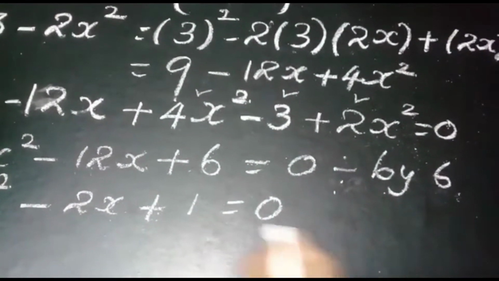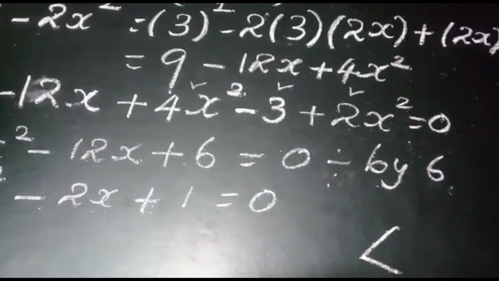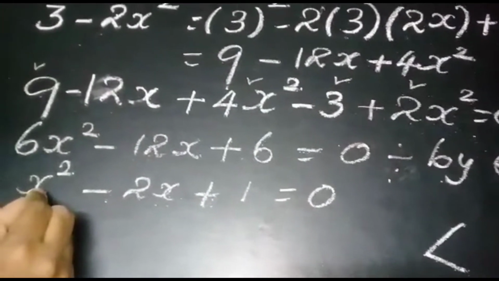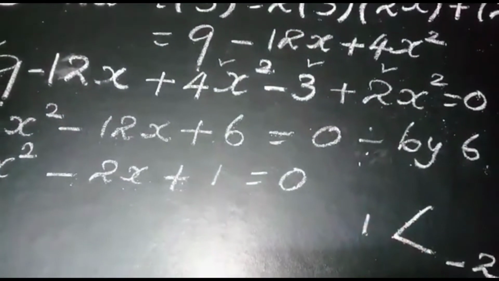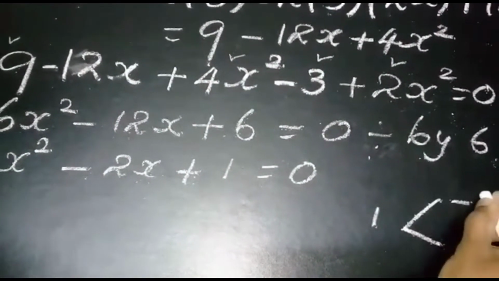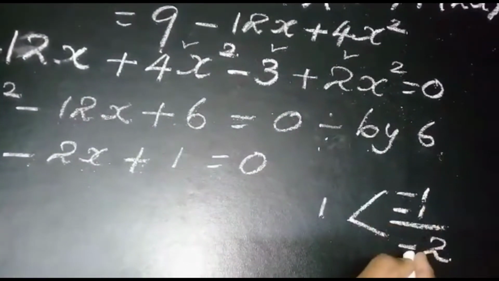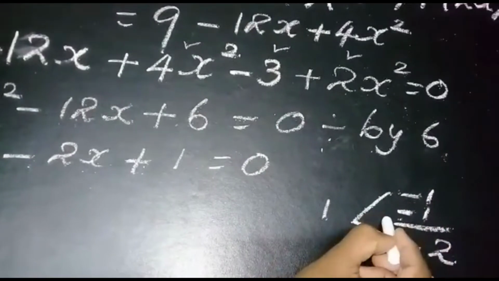Now factorize. The coefficient of x is minus 2. So the sum of the factors is minus 2 and the product value is the coefficient of x square into the constant, which is 1. So the product is 1. What are the factors here? Minus 1 and minus 1. The sum of minus 1 and minus 1, what is the answer? Minus 2. In the product, minus into minus is plus, 1 ones are 1.